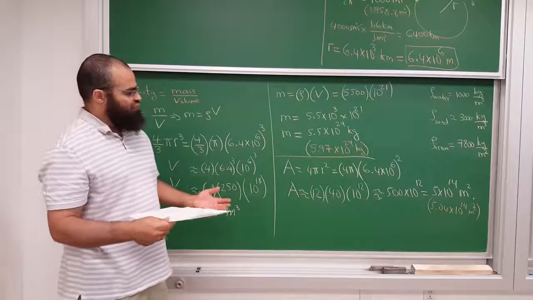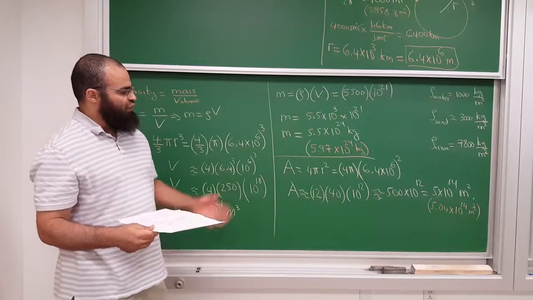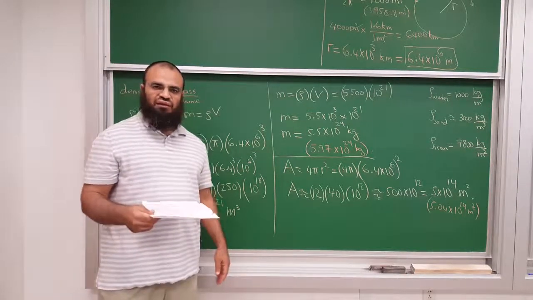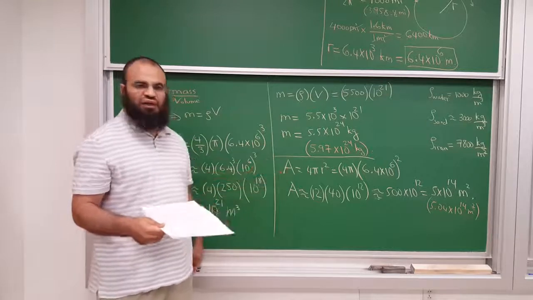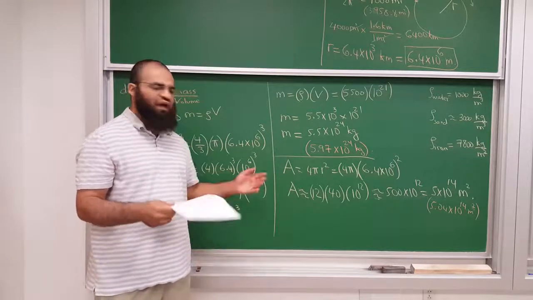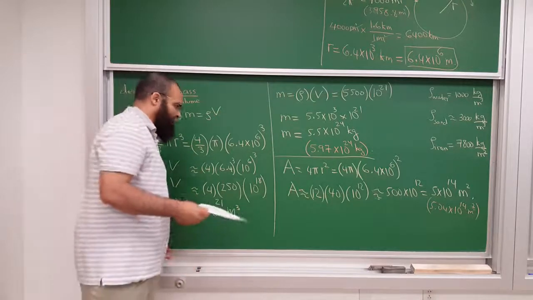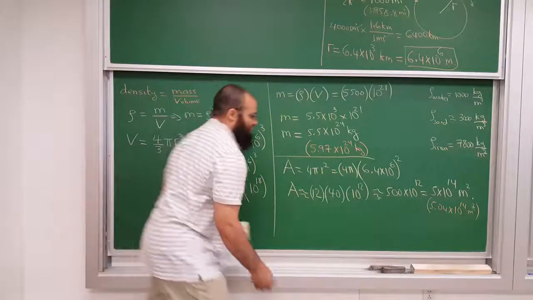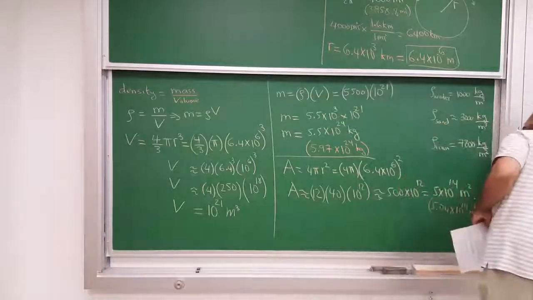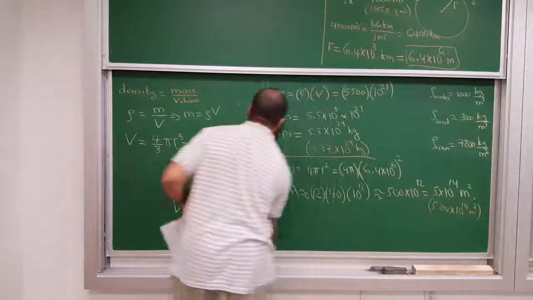So now, the water covers 3/4 of that. So about 4 times 10 to the 14, 5 times 10 to the 14. And so what's the mass of the water?